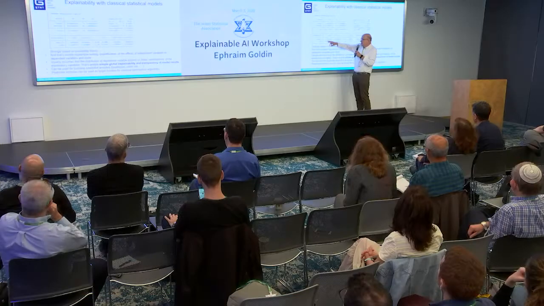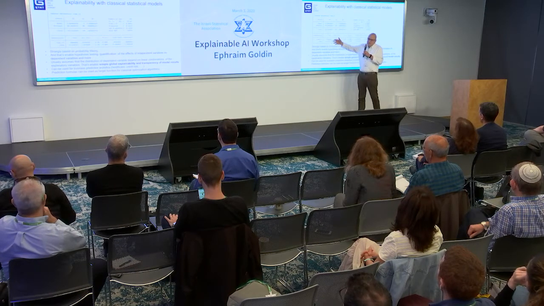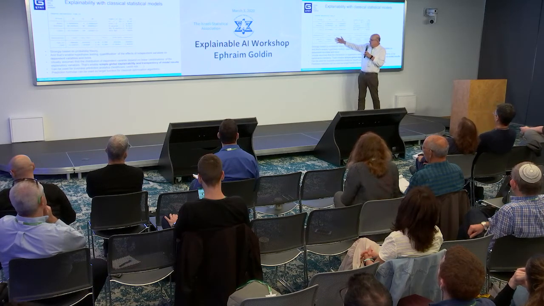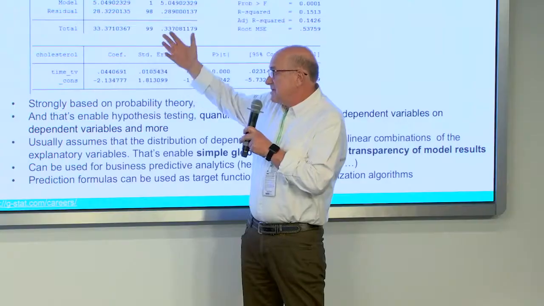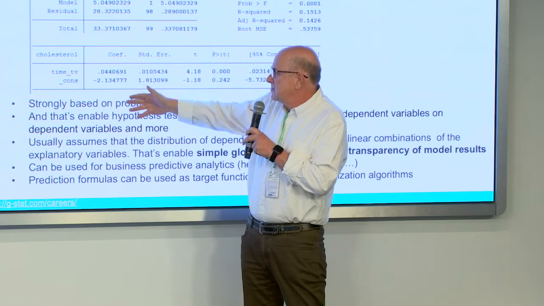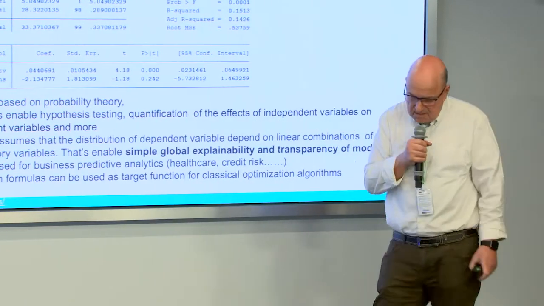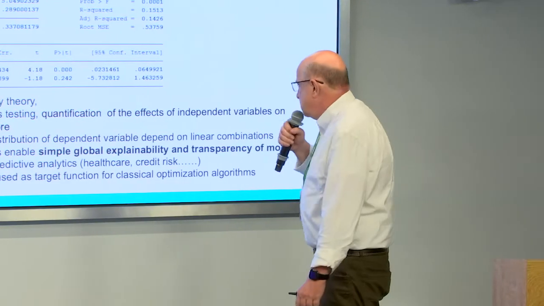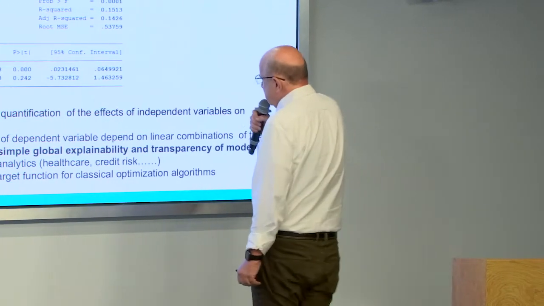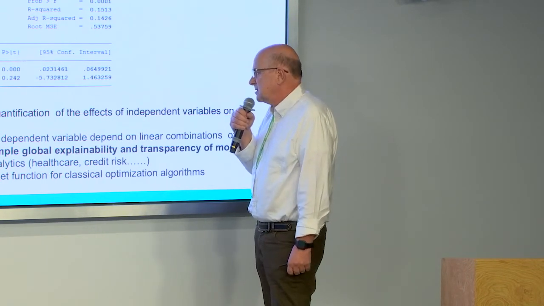The independent variable is time TV, the time that a person watches TV, maybe in hours, and a constant. So this is the usual output, known to all of us from the first year, from introductory statistics.